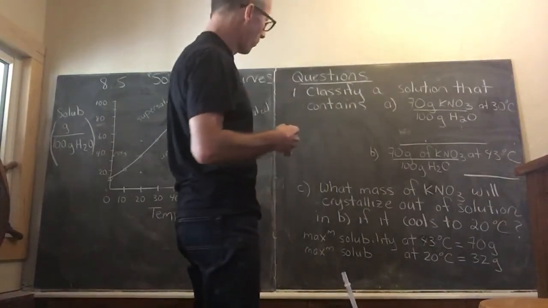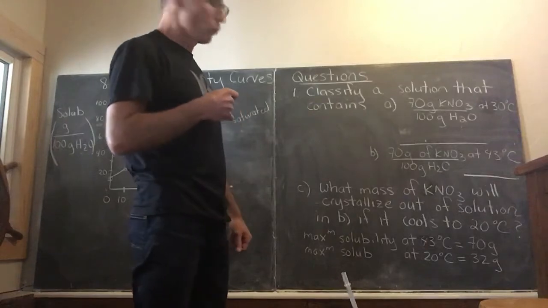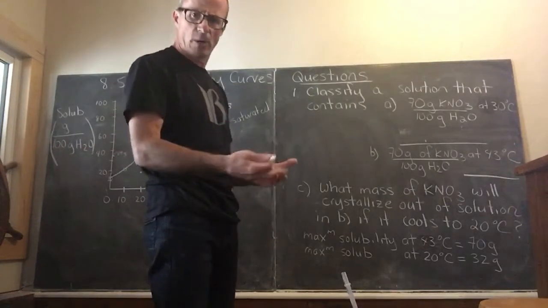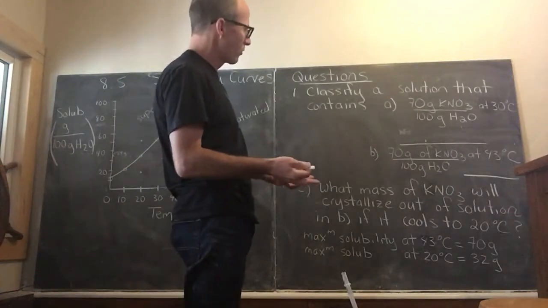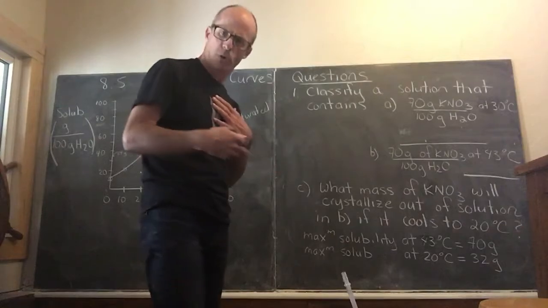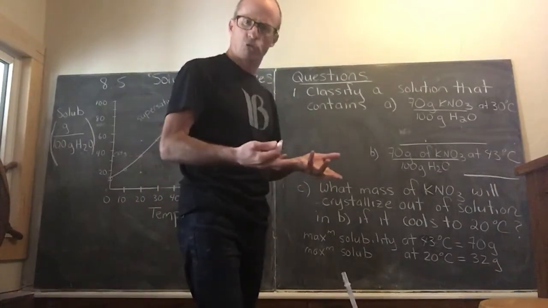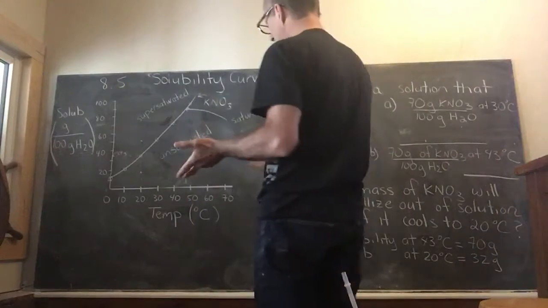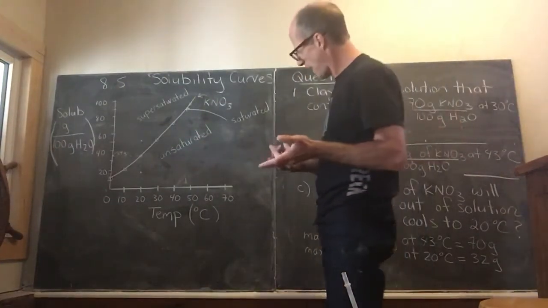Let's look at an example. So suppose I give you a solution that contains 70 grams of potassium nitrate per 100 grams of water, and that solution is at 30 degrees. So a little bit warmer than the room I'm in now. What kind of solution would that be? We can answer that very easily using our handy dandy graph.